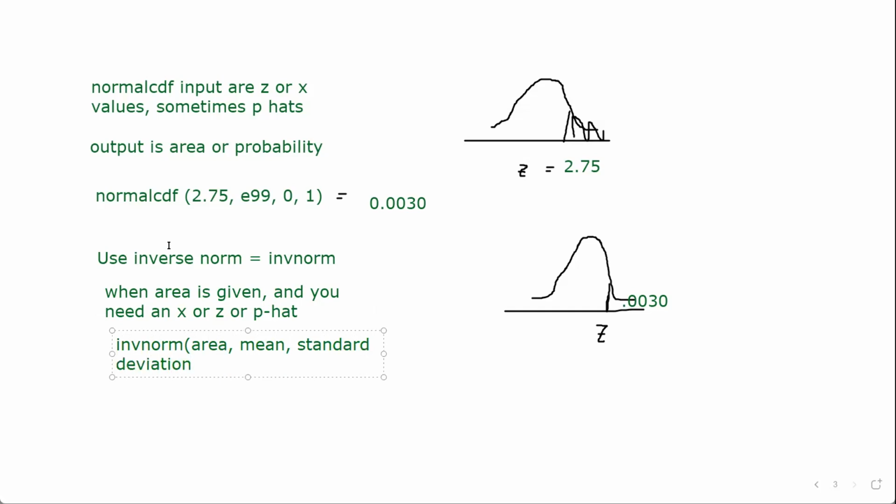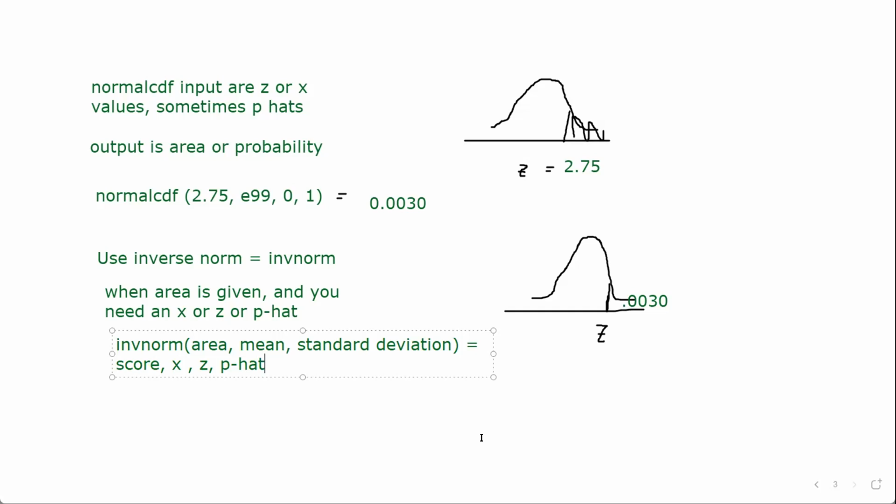Since it's asking me for an area, the output is not going to be another area, because area is an input in here. What comes out is some sort of score, some sort of X or Z or P hat. So that's how you distinguish it.